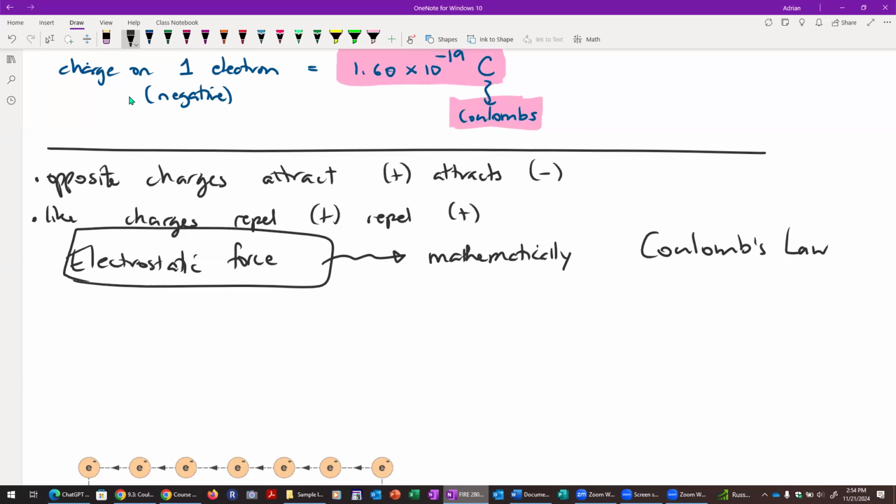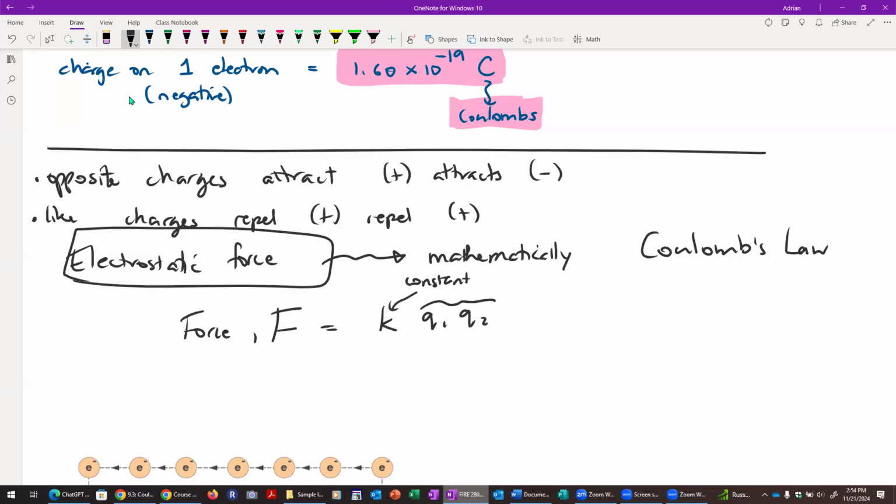So Coulomb's law says that we are able to calculate the magnitude of that force F as being equal to some sort of a constant. We represent a constant by the symbol K. Constant means that that thing, whatever that is, doesn't change. Times the product of the charges that are involved.